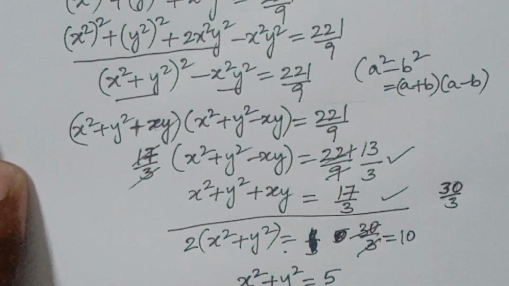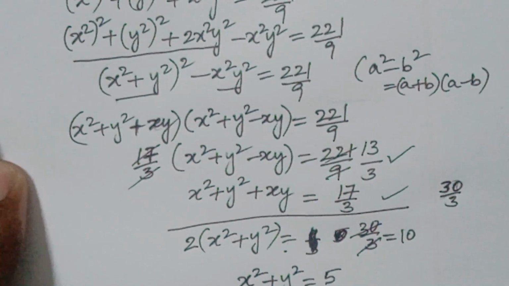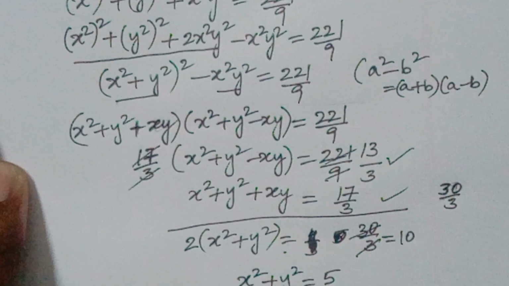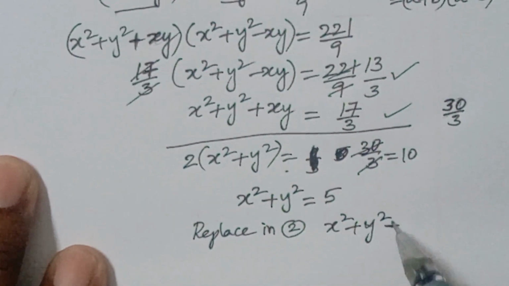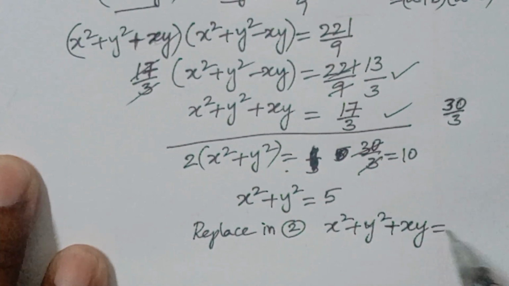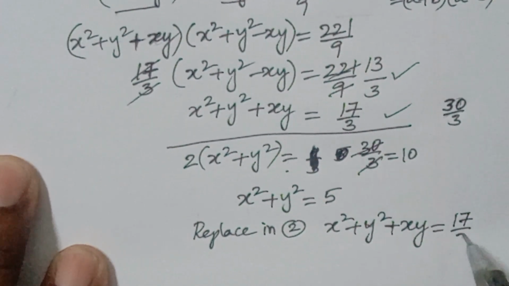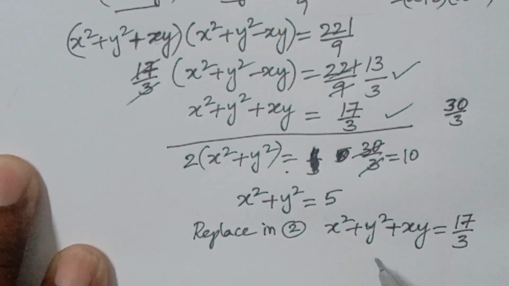Now replace in the second equation, x square plus y square plus xy is equal to 17 by 3.